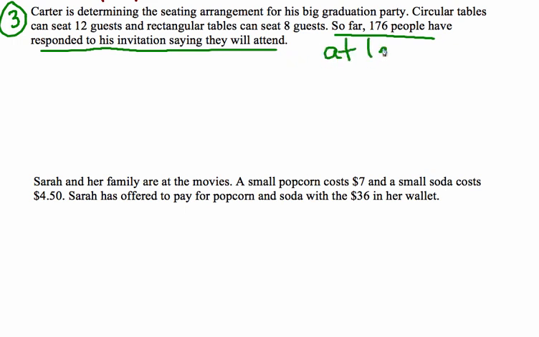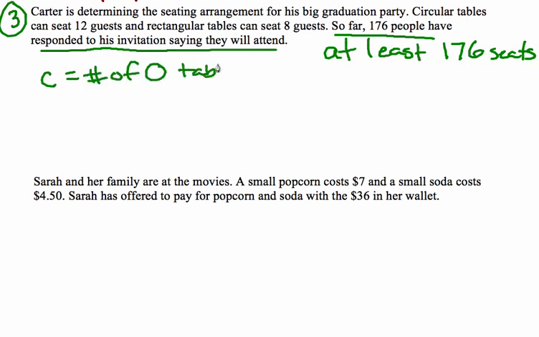So I would say that this means that we have to have at least 176 seats. So we need to define our variables. We'll have C be the number of circular tables, and R be the number of rectangular tables.